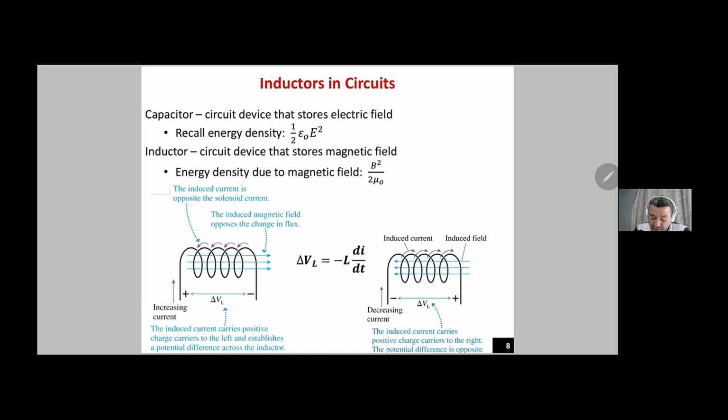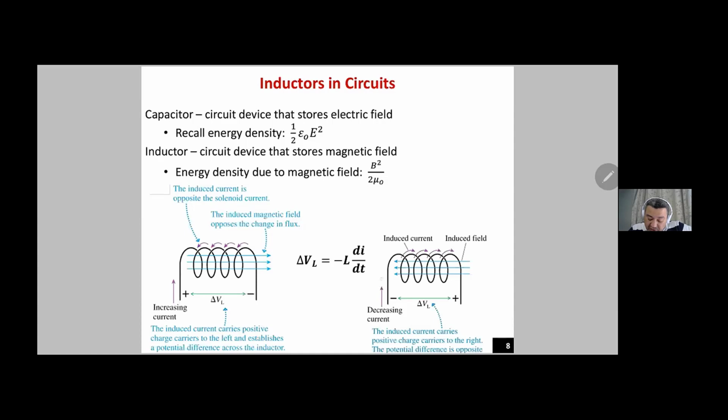If the current, or the magnetic field, is going in the opposite direction, then an opposing magnetic field will go into the other direction, trying to compensate for the change, and this is going to result into induced electromotive force such that the positive is where the magnetic field is pointing or decreasing here.